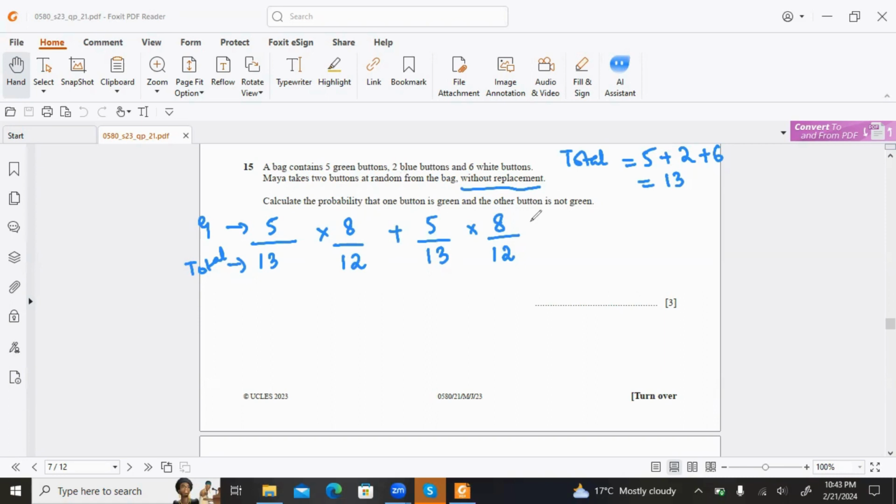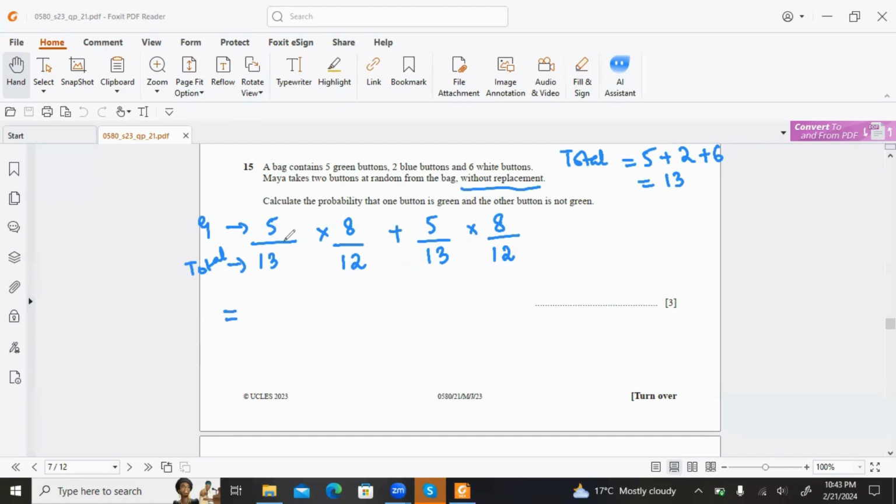So we're doing the same thing twice. But we don't know whether it's the blue button in the first case or the second case. That's why we combine the buttons, because they didn't put a restriction on whether we're taking a blue button or a white button. In the first case, when you took a green button, there was a restriction, hence we just put 5 separately.